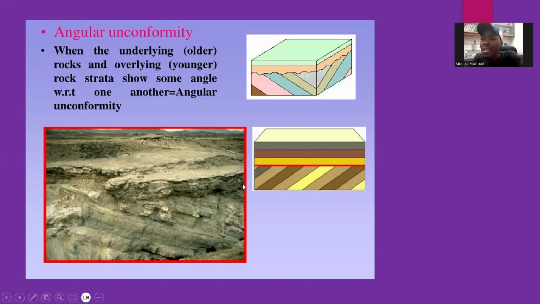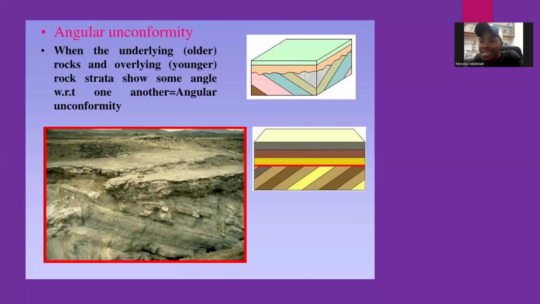All right, but remember, according to Nicholas Steno, who came up with what you call the principle of original horizontality, which states that the sediments were originally deposited horizontally in all directions, right?